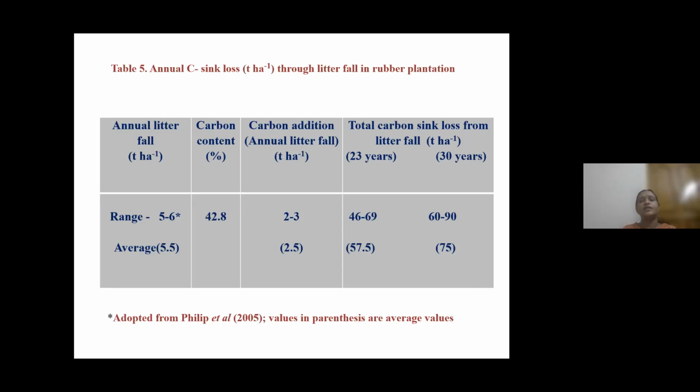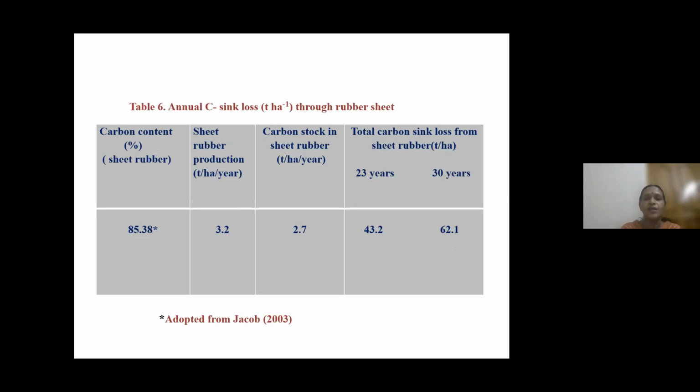And here the rubber is a deciduous tree, and there is annual litter fall, and at that time almost the complete leaf falls down, and the nutrients and carbon accumulate to the soil annually. And the rubber sheet carbon content is very high, and there is also seed production of 3.2 tons per hectare per year.